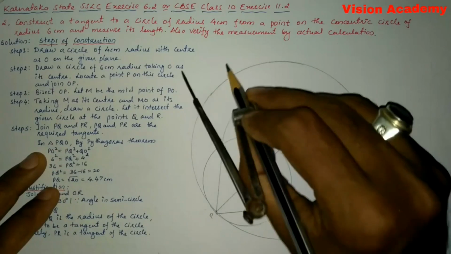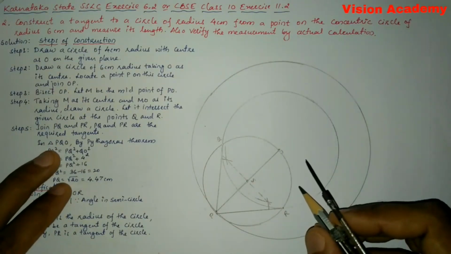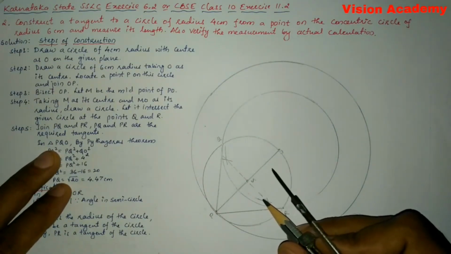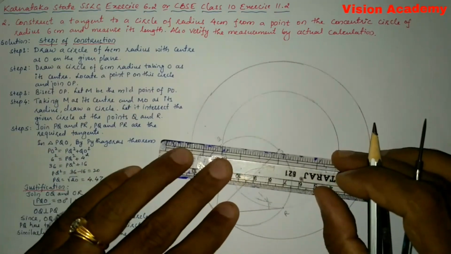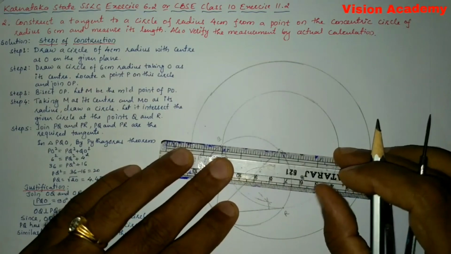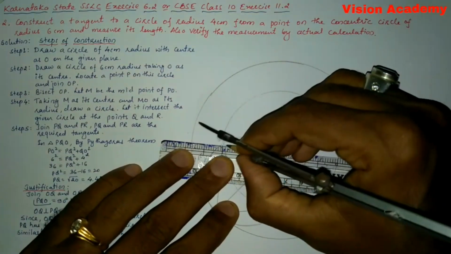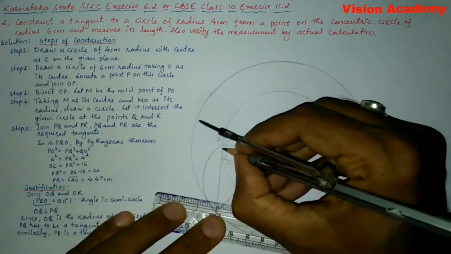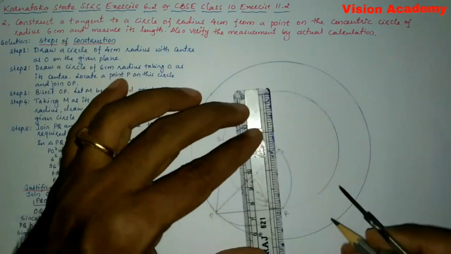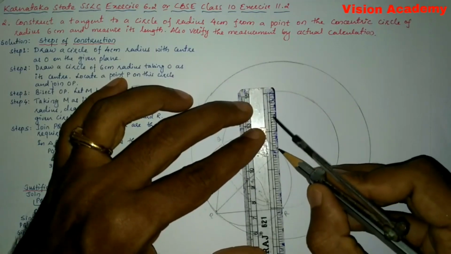Now we'll go for the actual calculation. So in triangle PQO, here we are going to join OQ and OR to get the right angled triangle. Yes, this forms 90 degree, and next here also we are going to join.